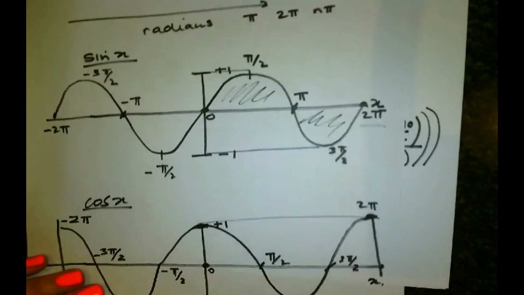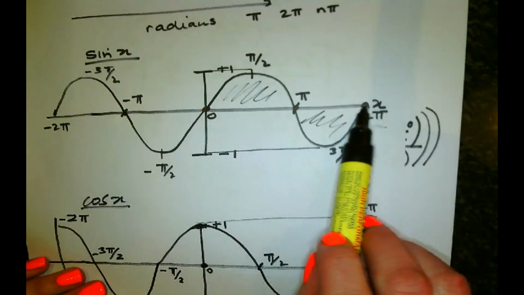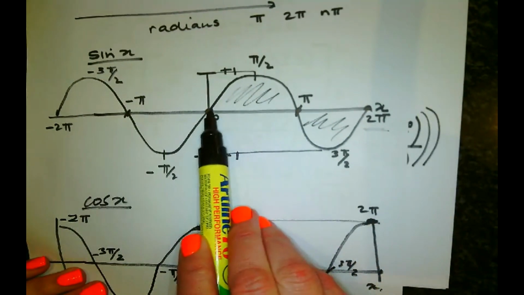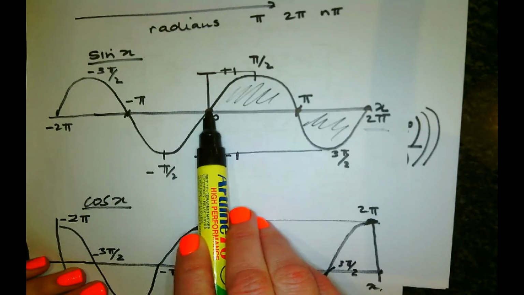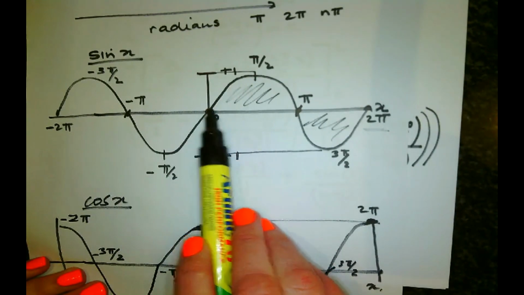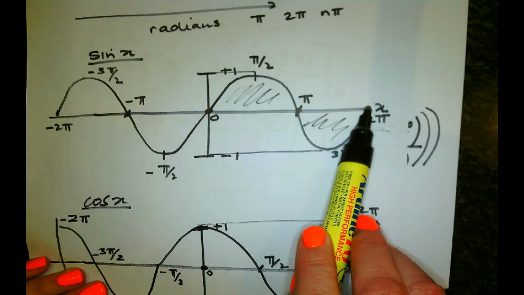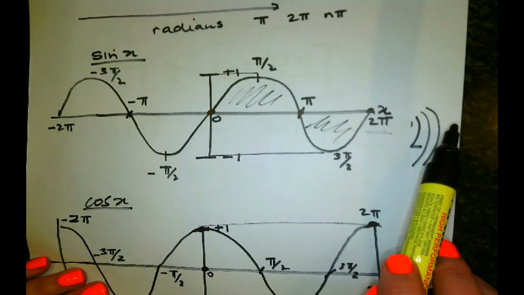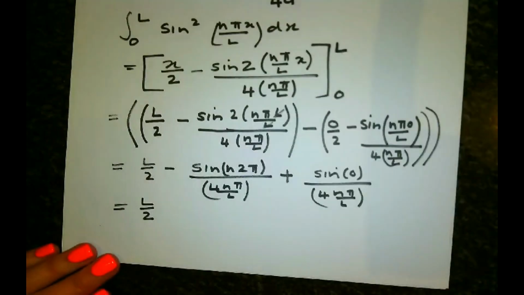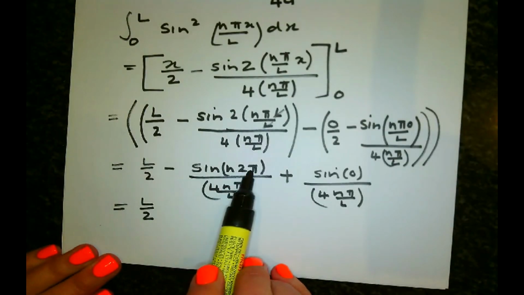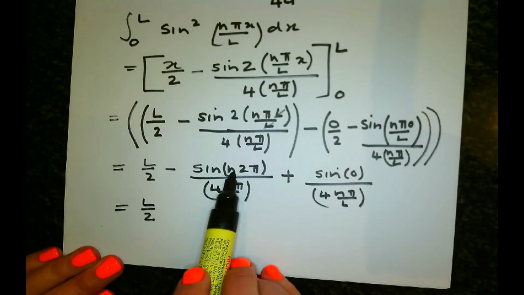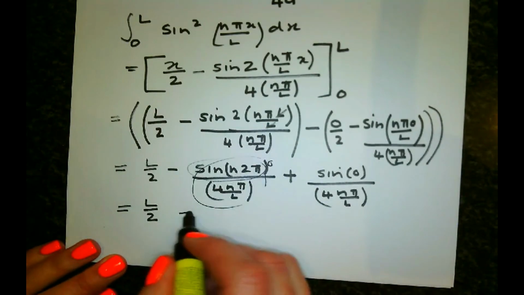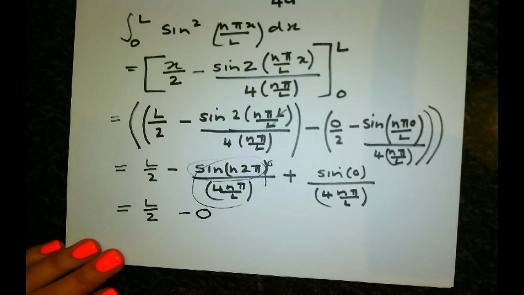And we know that the sine curve repeats every 2 pi. So when n is 0, we're sitting at 0. When it is 2 pi, the sine function is 0. When it is 4 pi, it will repeat again, it will become 0 again. So the sine function of n times 2 pi, when n is an integer, becomes 0. So this whole term becomes 0.